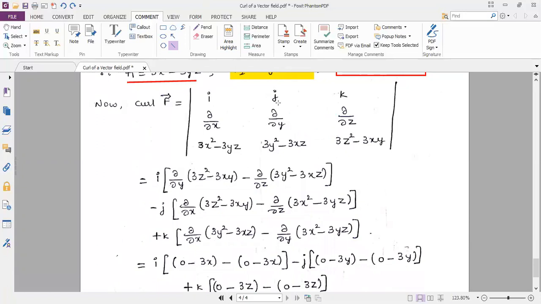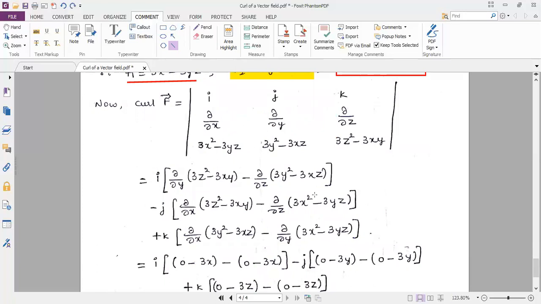Minus j cap into ∂/∂x of (3z² − 3xy) minus ∂/∂z of (3x² − 3yz). Lastly, for the k component, it is ∂/∂x of (3y² − 3xz) minus ∂/∂y of (3x² − 3yz).